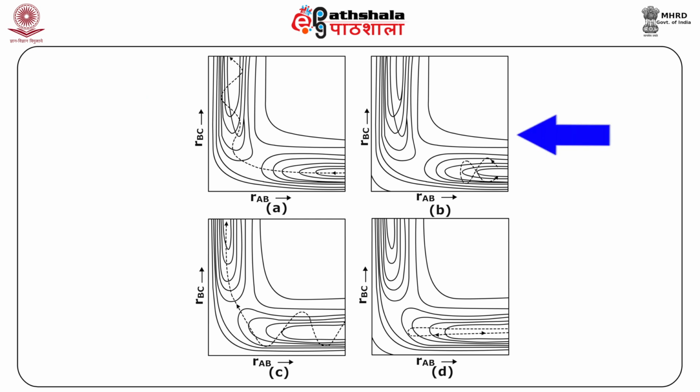In figure B, a potential energy surface with an early barrier and a vibrationally excited reactant is shown. In figure C, a potential energy surface with a late barrier and a vibrationally excited reactant is shown. And in D, a potential energy surface with a late barrier and a reactant that has sufficient translation energy to reach the saddle point but does not cross it is shown.